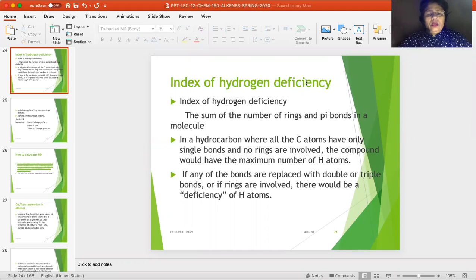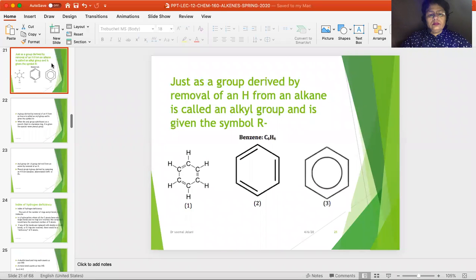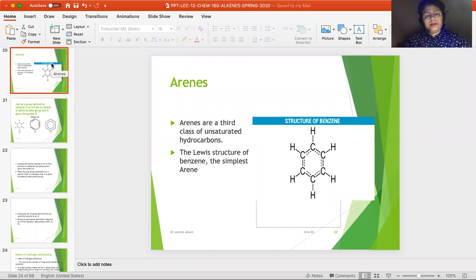Okay, so I'm starting from arenes. In the previous lecture, I told a little bit about the alkenes. So arenes are the third class of unsaturated hydrocarbons, and the Lewis structure of arene is written like this.